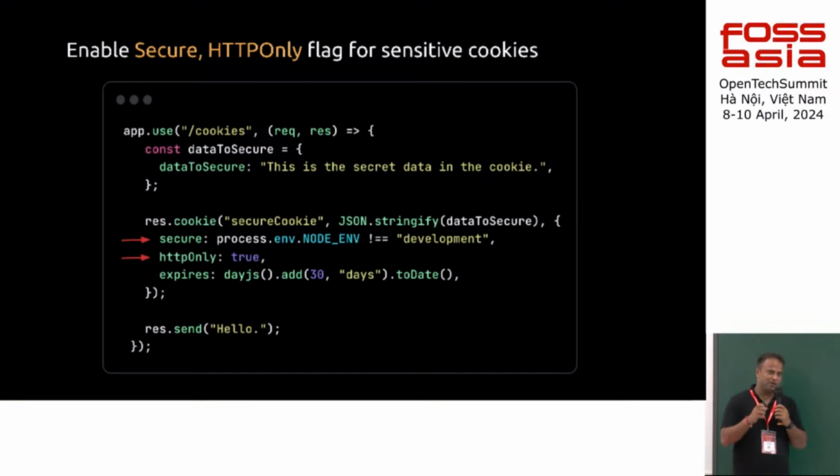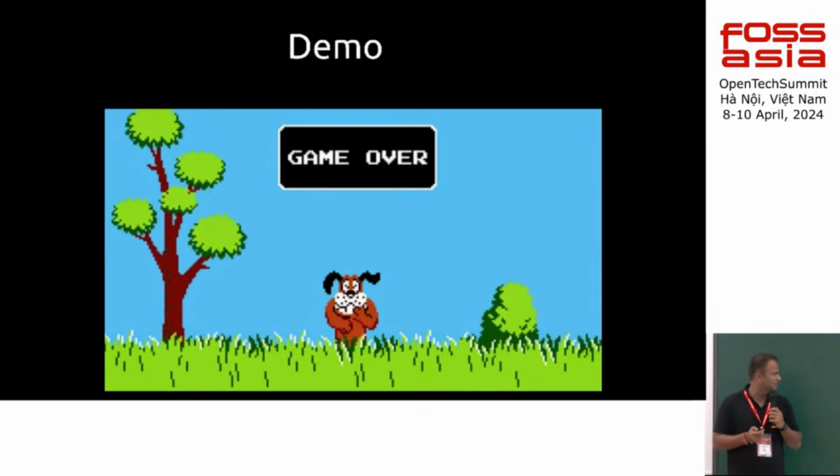And HttpOnly makes sure that these cookies are never read by JavaScript code. So when somebody tries to write malicious code to read the session cookies, which can be used for session hijacking, they can't. These two flags are a must for any session cookies or private sensitive cookies you might have in your application.